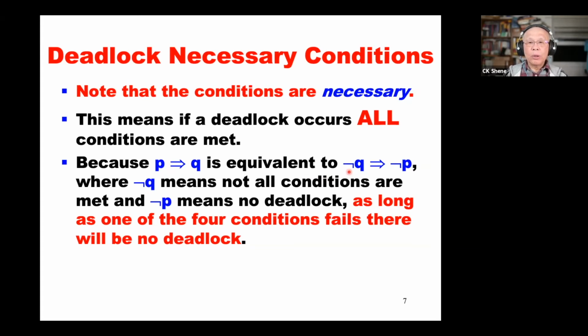According to De Morgan's law, which you learned somewhere, the negation of A and B and C and D is not A or not B or not C or not D. So that means if we have a deadlock, then mutual exclusion, hold and wait, no preemption, and circular waiting must be true at the same time.